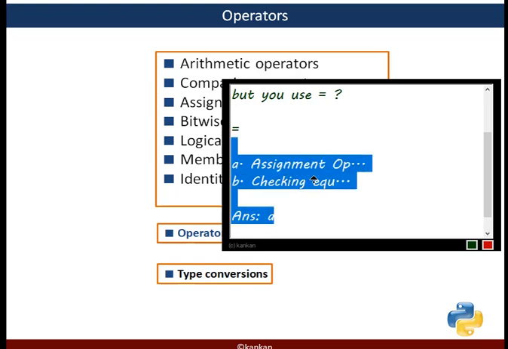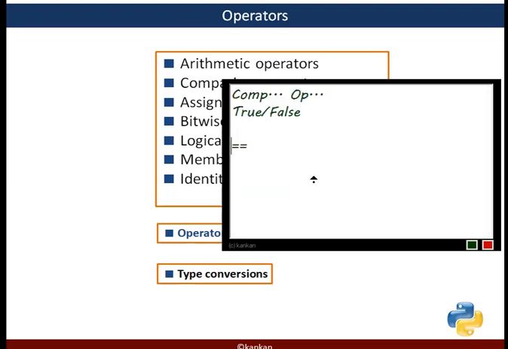So here we will learn about checking equality.